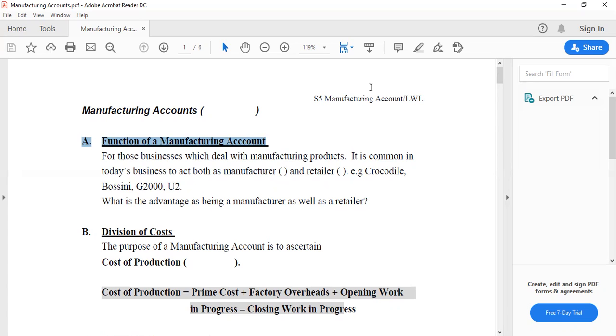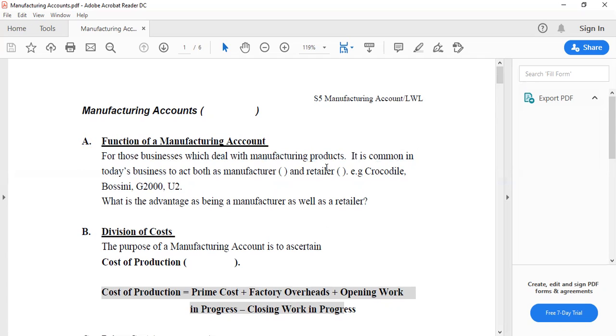After that, we prepare the trading account, which shows the gross profit, and the profit and loss account, which shows the net profit. Simply, a manufacturing account is for businesses that deal with the conversion of raw materials into finished goods.